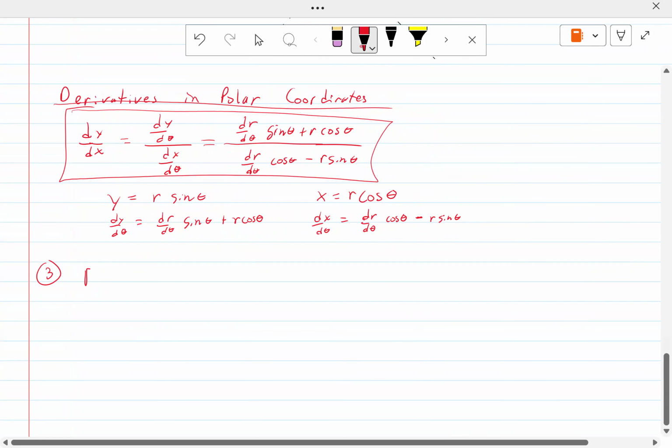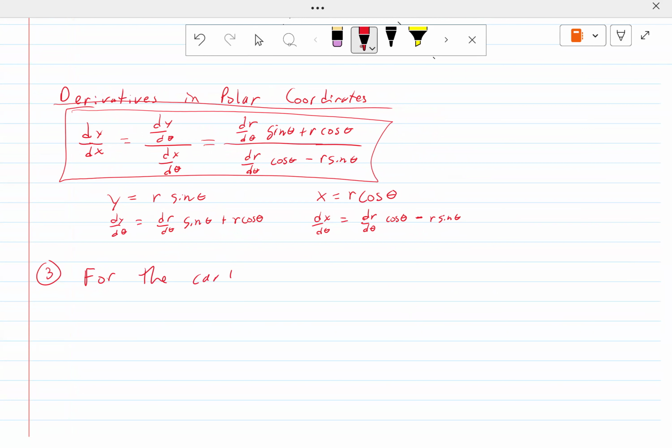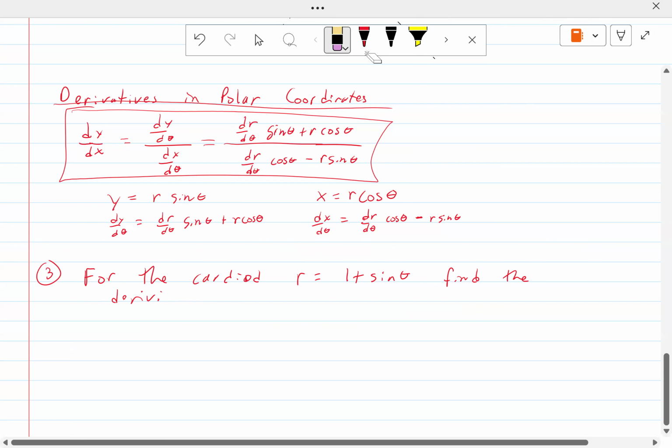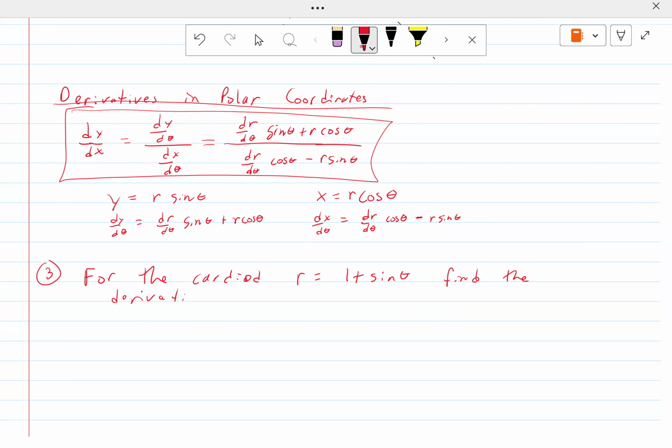For the cardioid we found in example 2, r equals 1 plus sine theta. Find the derivative when theta is equal to pi over 3.